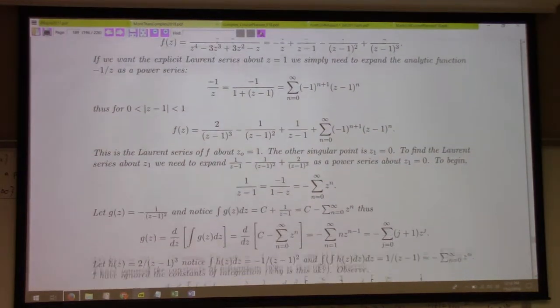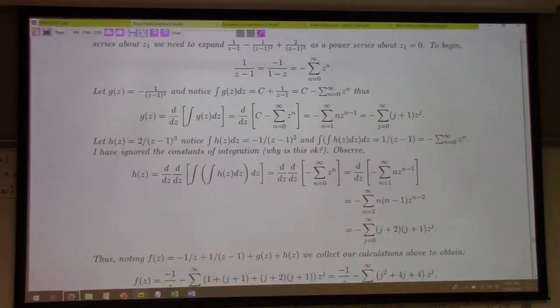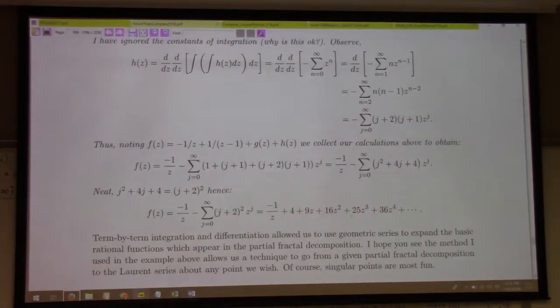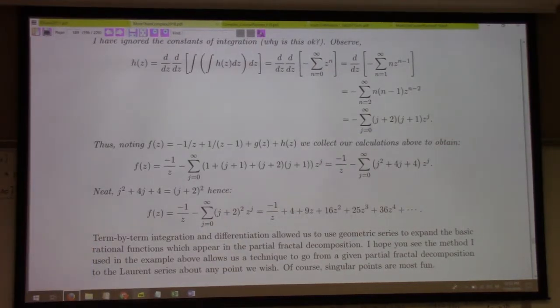And that's done here, and that's a lot like the homework that you did. Here are the gory details. This is the Laurent series expansion about 0. I had to take those 3 reciprocal terms and do the usual geometric series stuff on them. There it is. If an evil professor was to give you a choice: here's a rational function, you may find the Laurent series expansion about one of its singular points. Which singular point should you choose for this example, 0 or 1?